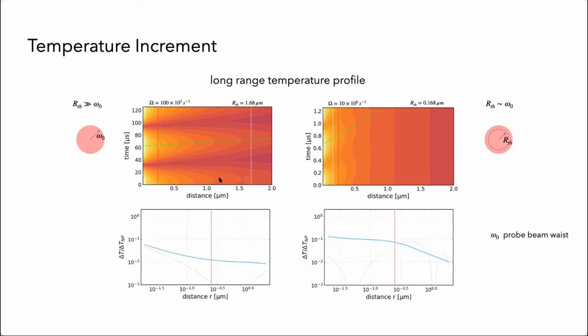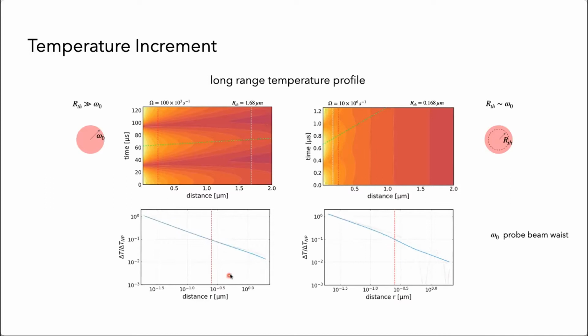You see that you can cover large distances here. The white line is the thermal diffusion length, r_th, when omega is 100,000 inverse seconds here. So it's a large distance the heat can diffuse.